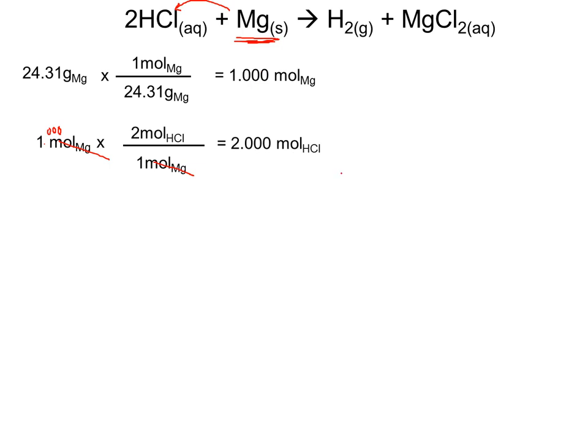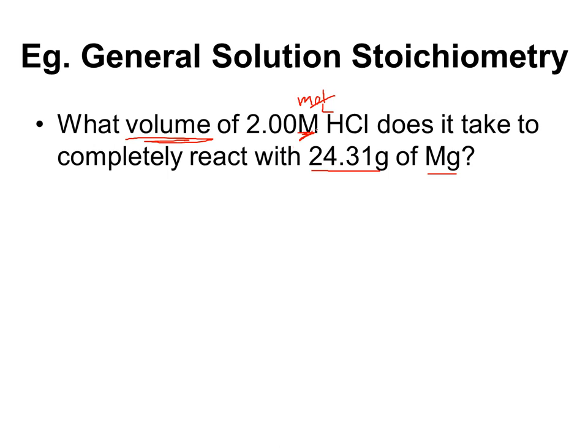But the question is not asking for moles, it's asking for volume. So we can take this one of two ways. We can say, okay, well, I know my concentration equation. The concentration of a solution is equal to the number of moles over the volume of the solution. We have the number of moles here. Also given to us, let's go back to the question, is the concentration.